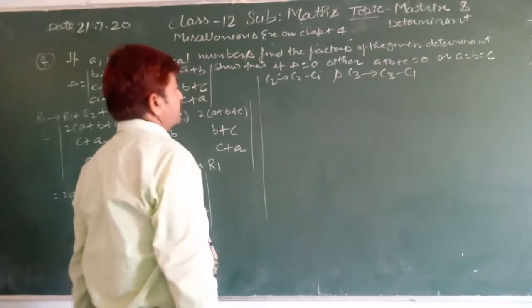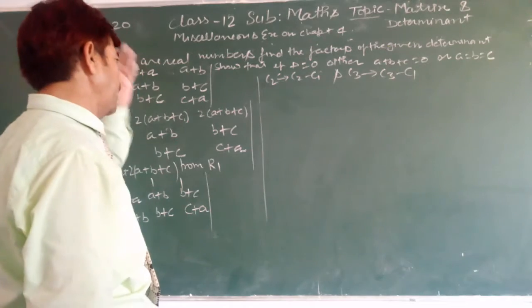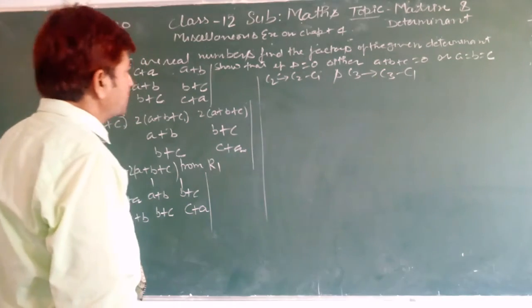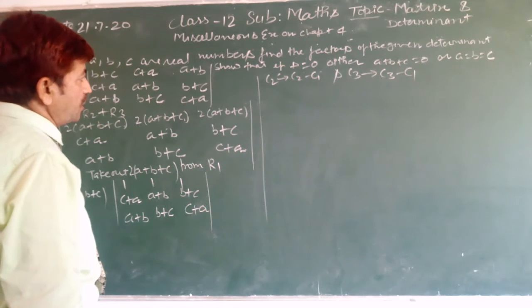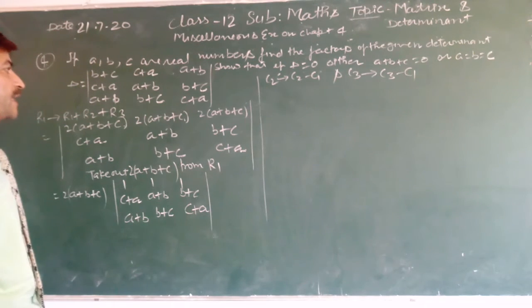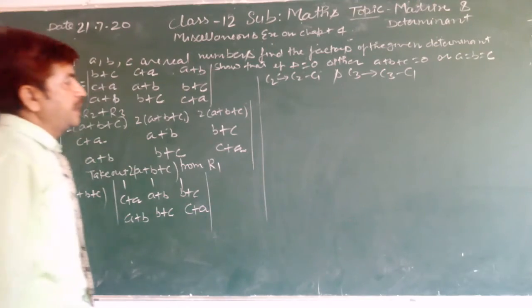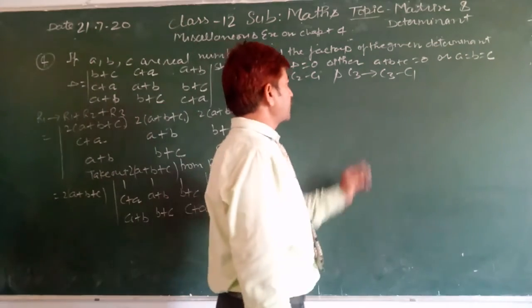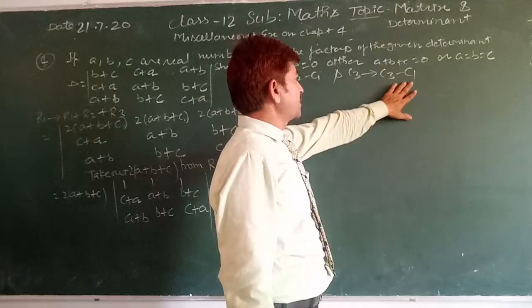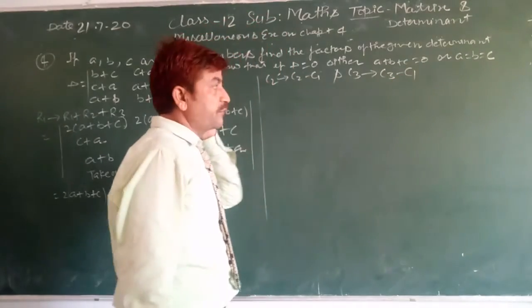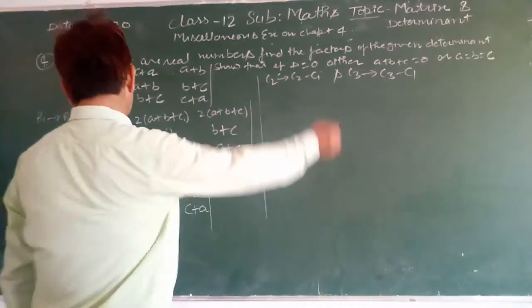It means we subtract corresponding elements of the first column from the second column and write them in place of the second column. And next, we subtract elements of the first column from the third column and write them in place of the third column.